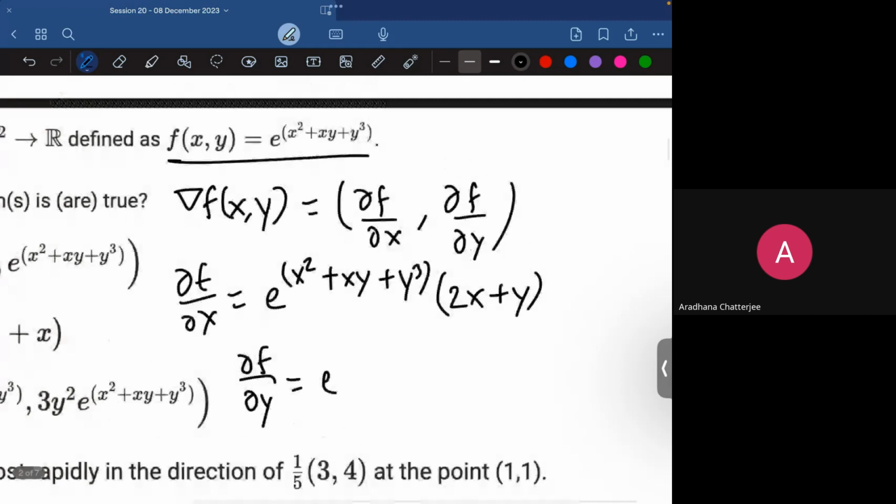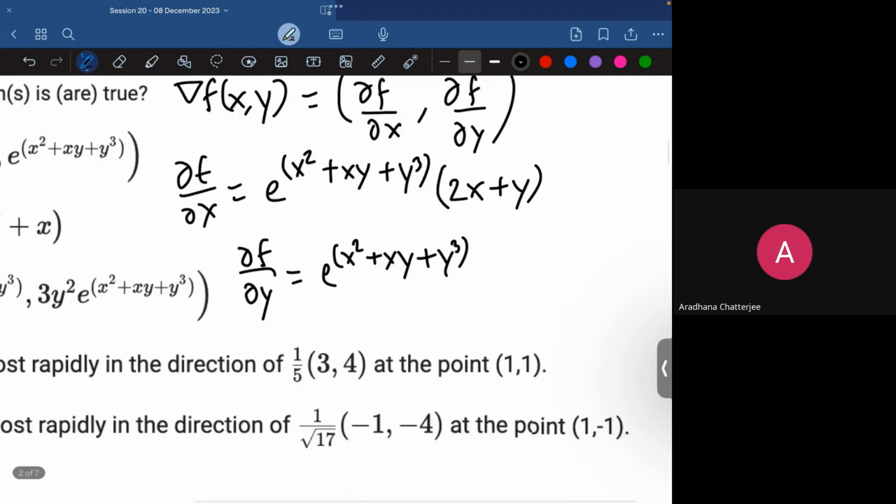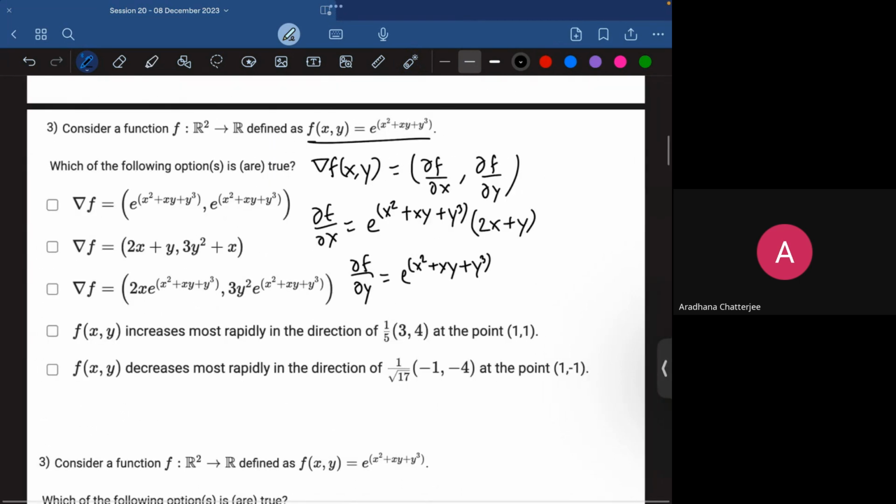Because again we're taking the derivative with respect to y, this whole e part is going to stay put. That is just a property of e. So e raised to x square plus xy plus y cube. Now we have to multiply it by the partial derivative of the inside function with respect to y. So what is the partial derivative of this with respect to y? x plus 3y square.